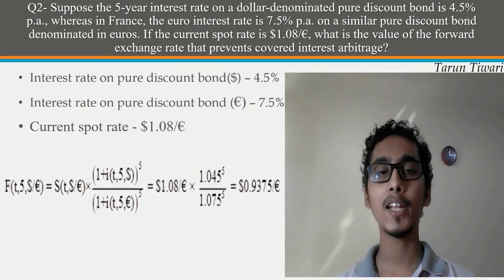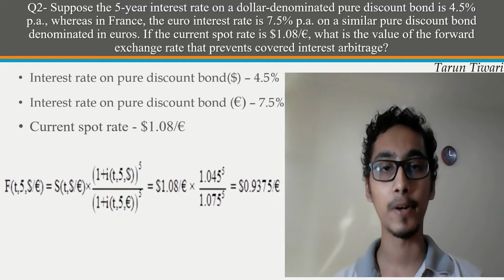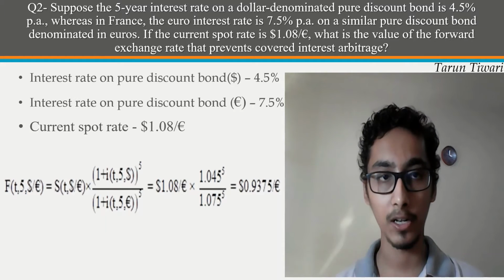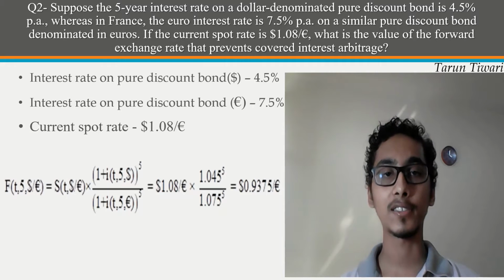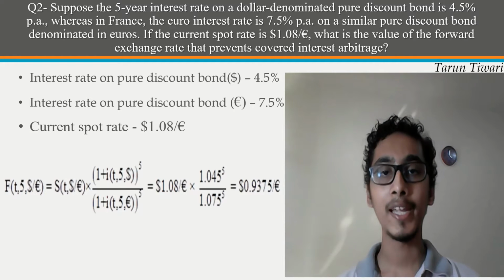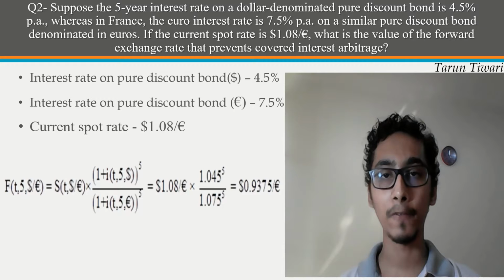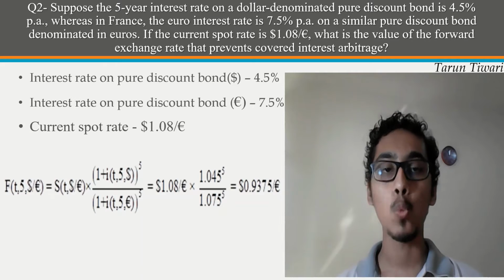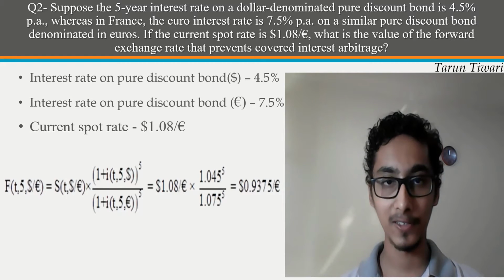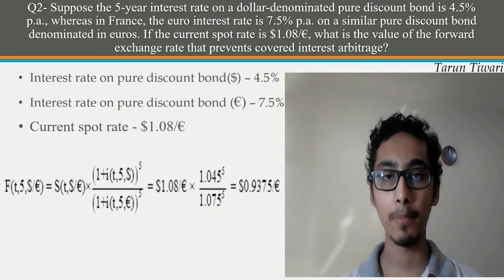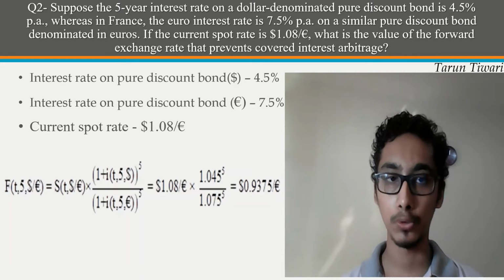So we have to calculate the forward exchange rate that prevents covered interest arbitrage. The 5-year interest rate on a pure discount bond in terms of dollars is 4.5% per annum, whereas in France the euro interest rate is 7.5% per annum on a similar pure discount bond in terms of euros.